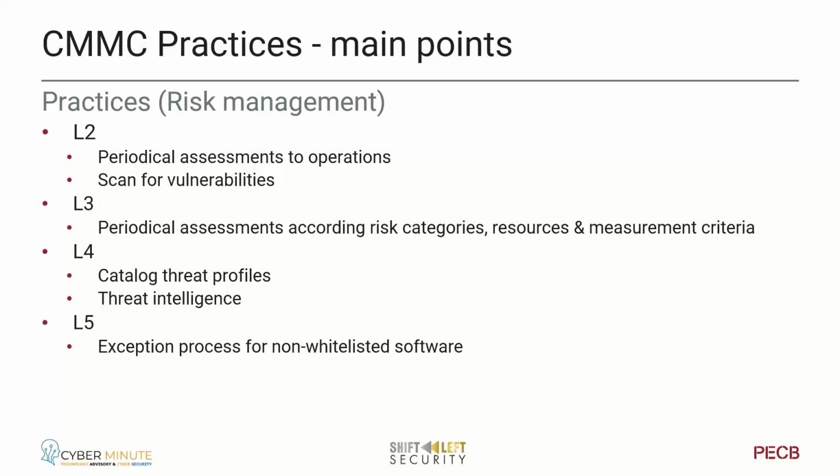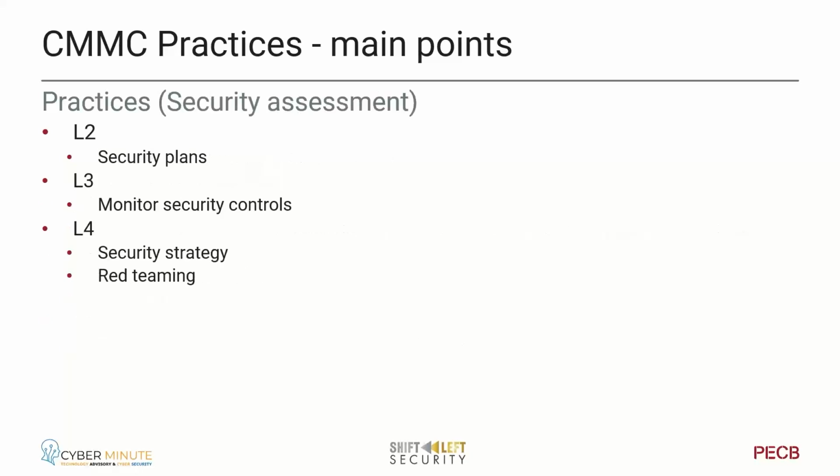And then at level 5, there is an exception process for non-vulnerable software that includes mitigation techniques, so that you know why some software is running. Next, please.